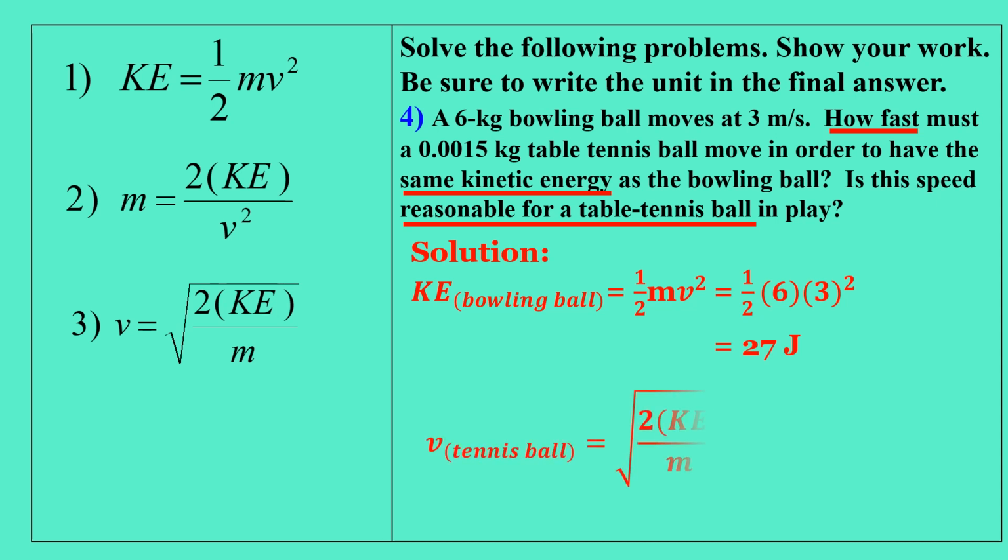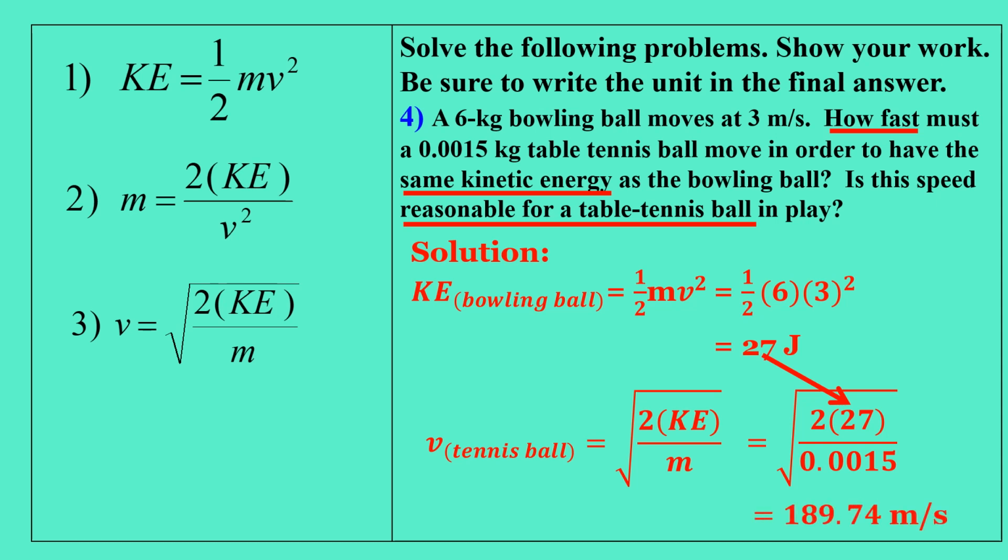Speed of the tennis ball equals square root of 2 times KE all over m. Substituting the values and simplifying, we get 189.74 meters per second. Do you think this speed is reasonable for a table tennis ball?